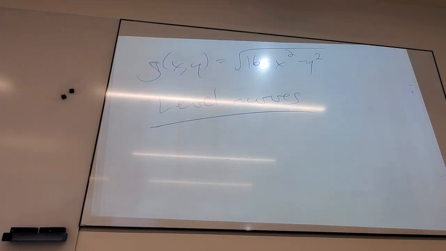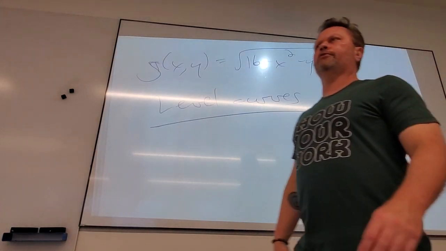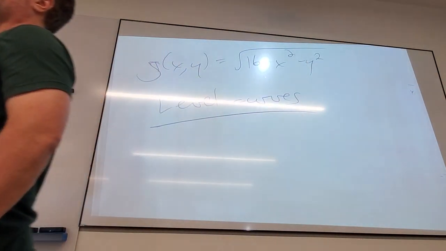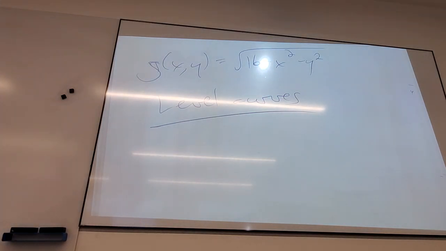Somebody remind me what a level curve means. The slices. And where do you slice? You slice at a certain height, so a certain value of z. So you want to make z a constant. If I make z a constant, I get the slice at that height.